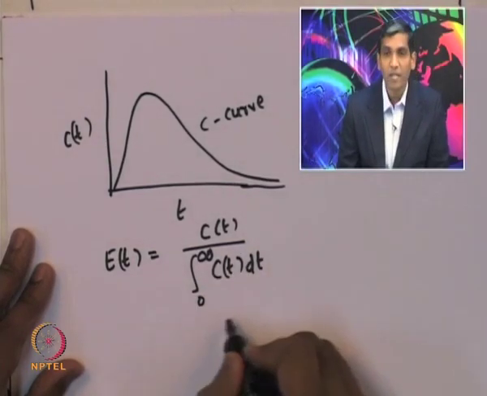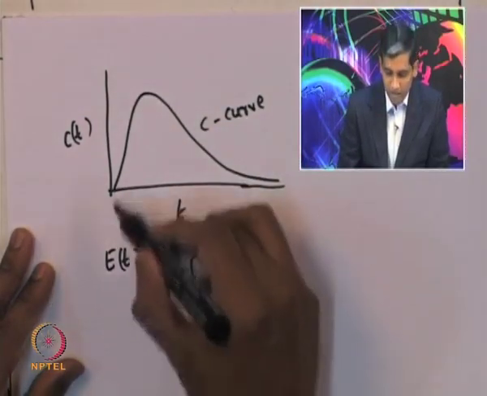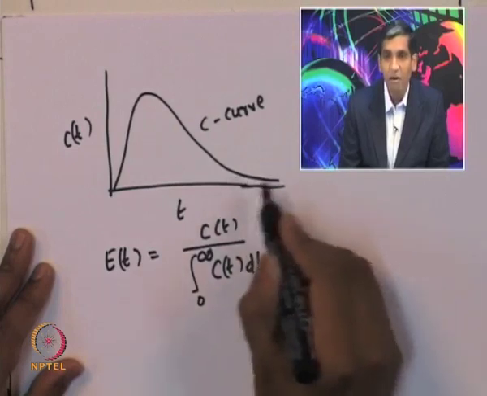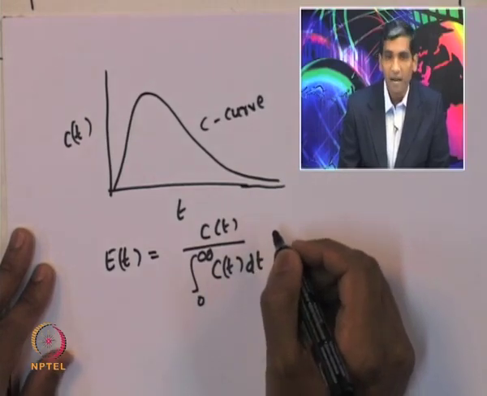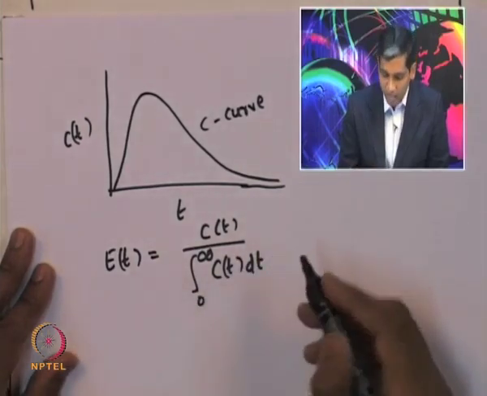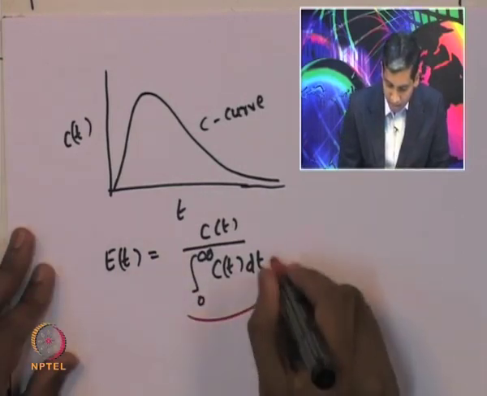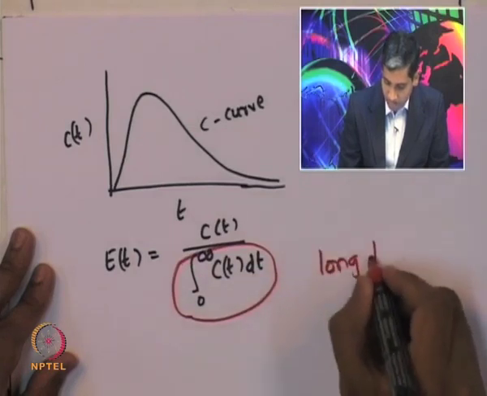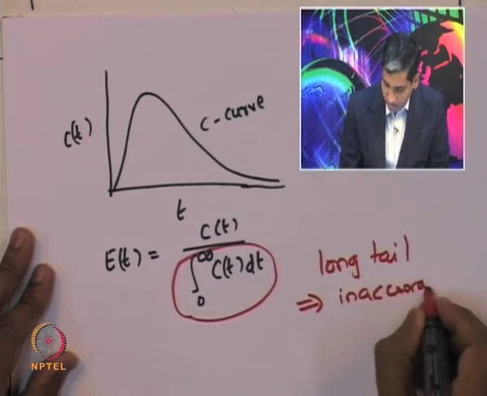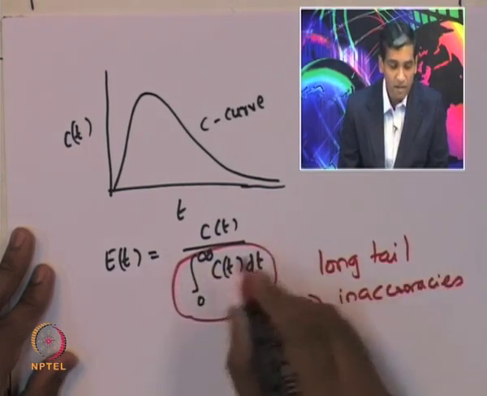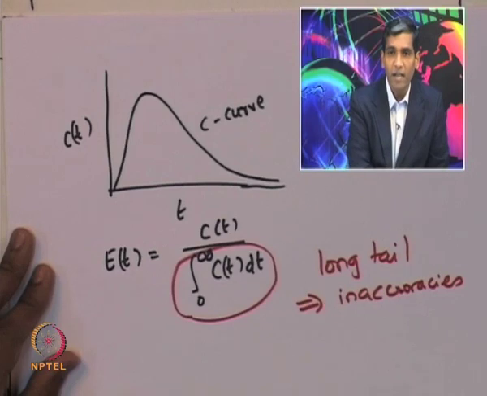In order to perform such an integration, one needs to do a numerical integration of this C curve, and if the tail is very long, then it is not easy to integrate this expression numerically, and it can cause inaccuracies in the integral. Therefore, long tails can lead to inaccuracies in estimating this integral.